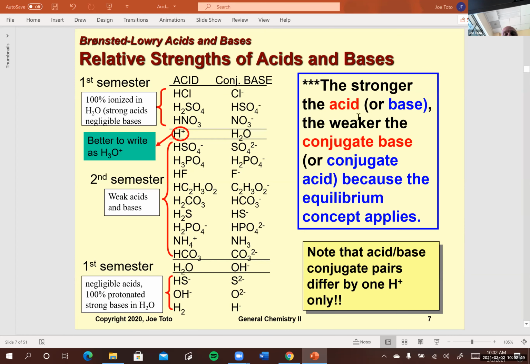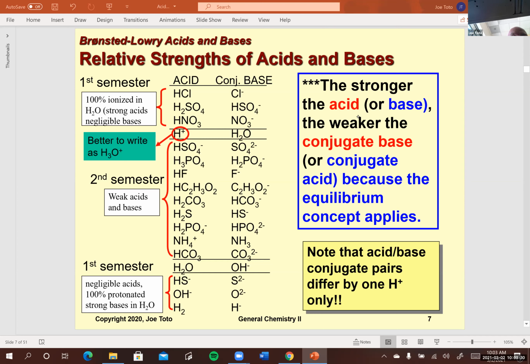All right. So this gives us kind of a list of some acids that you might deal with in this class. And it tries to distinguish between those ones that are strong and therefore fully dissociate, and therefore they're limiting reagent type of problems that you face in first semester, versus the weaker acids where there's a balance between reactants and products, and you need equilibrium constants and ice tables to solve their concentrations.